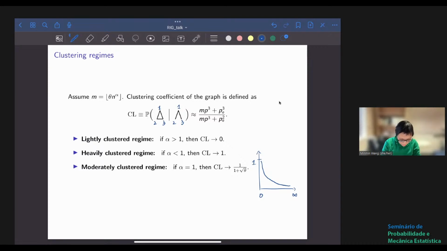What we see from this analysis of the clustering coefficient is that as alpha decreases, your random intersection graph is becoming less and less similar to the Erdős–Rényi graph. And in a way, the result of this talk will confirm this feeling.